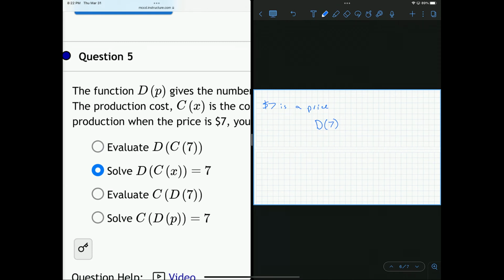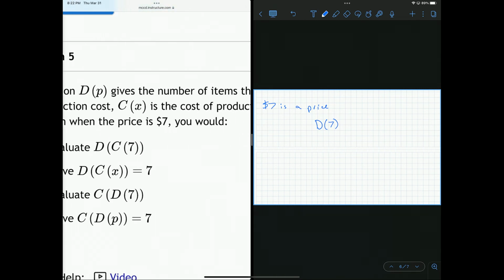Solve d of c equals 7. Well, that one says d equals 7, but d is demand. It's not demand that's 7, it's price that's $7. So that's wrong. This one has a d of 7, so that actually might be right. This one says c of d of p. Well, c is cost.